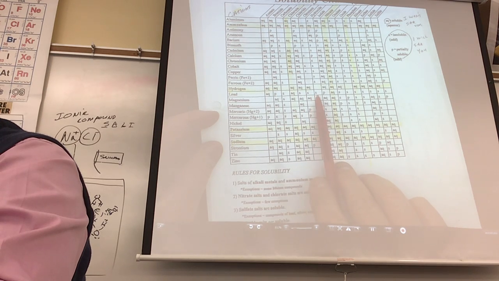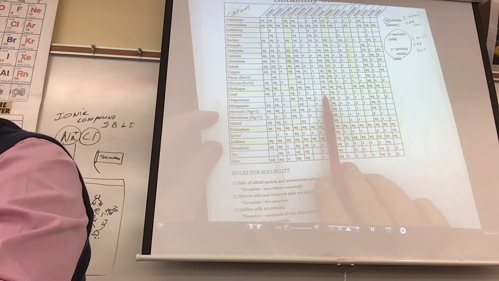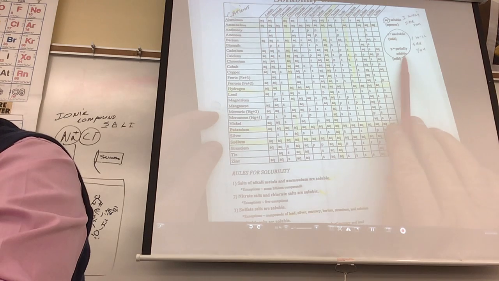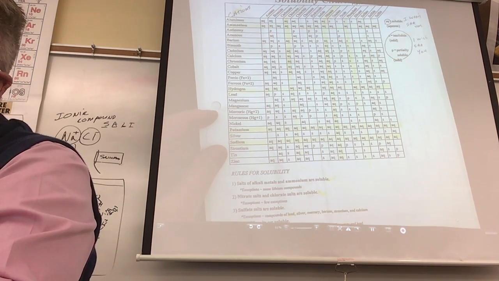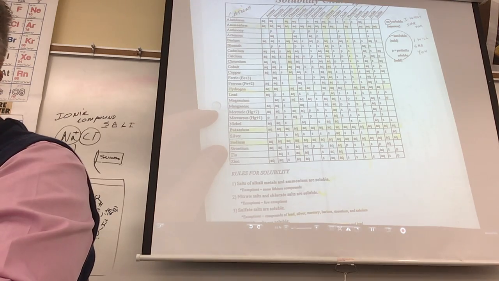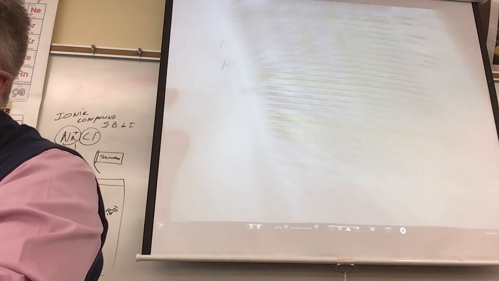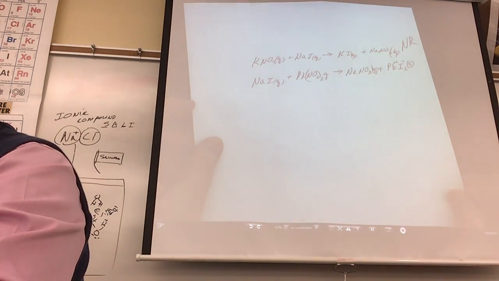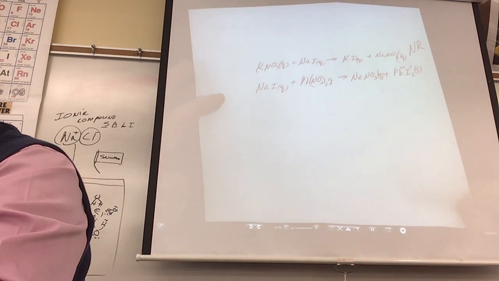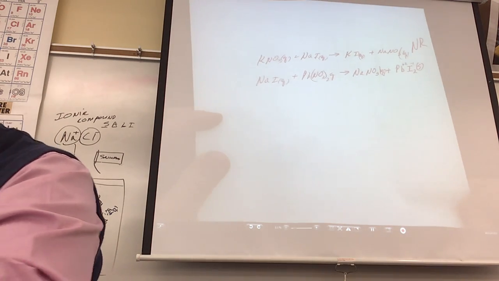Ooh, what does that mean? It means a little bit will dissolve in water, but most of it won't. So will it form a solid? Yes. So I expect when I put these together, I expect nothing to happen on the first reaction. I expect something to happen on the second one. Are you ready?